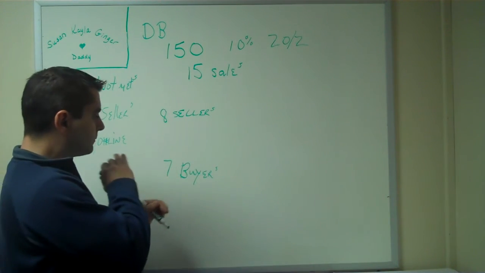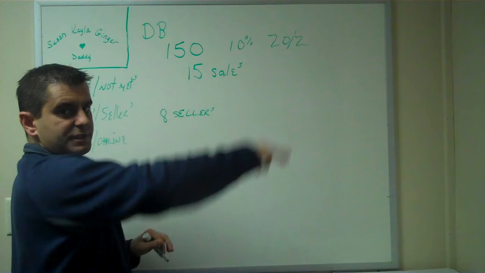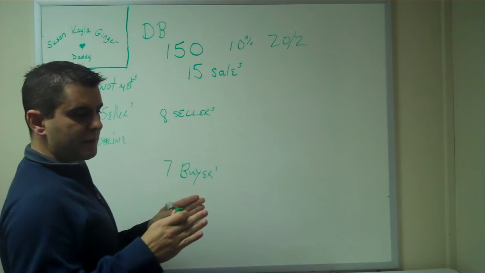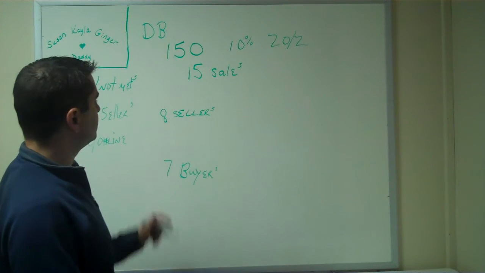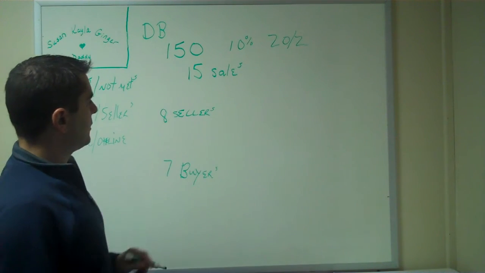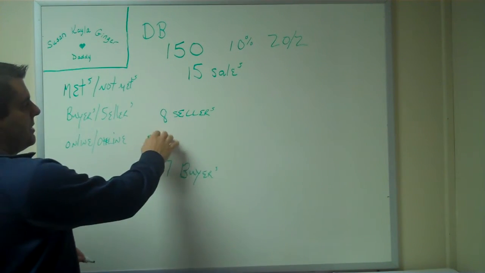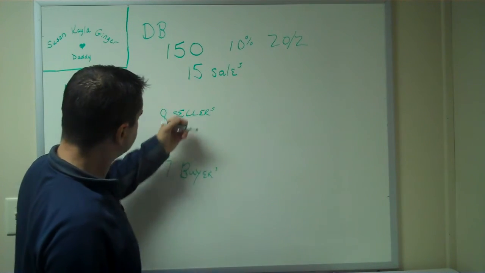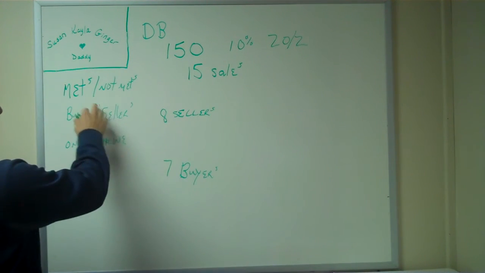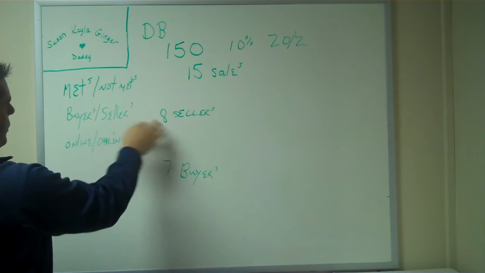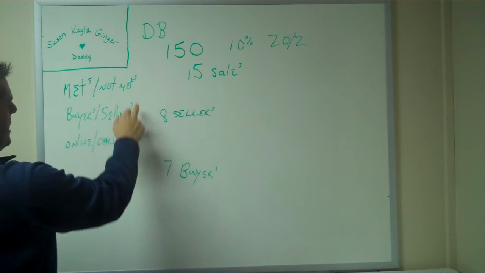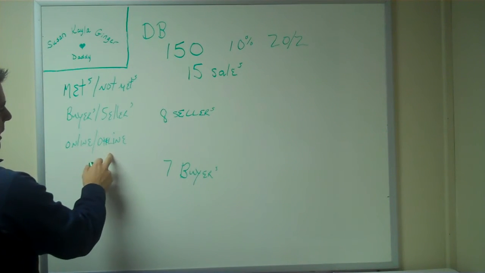And again, I do all my business planning over 10 months, so you have some room in the front or room at the end of the year, to make up for it. So 8 sellers, this is going to come from, again, not Mets, because Mets are right here, not buyers. So we're looking for sellers, not Met sellers, either online or offline.